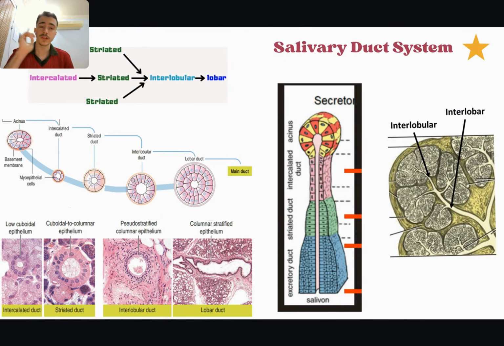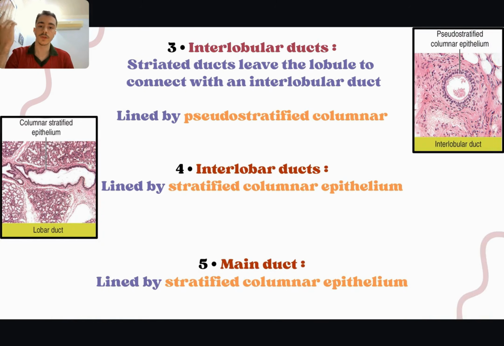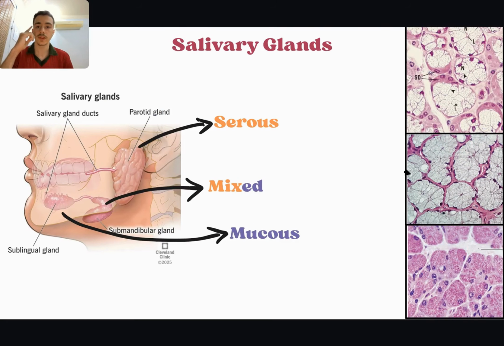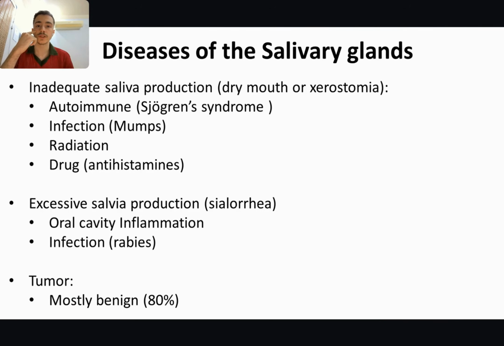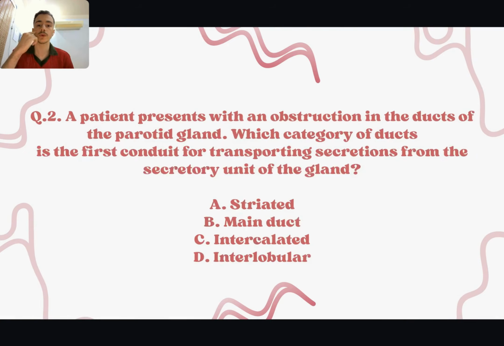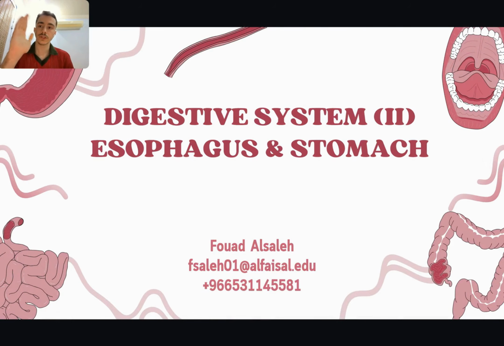We also talked about the salivary duct system in the previous video: intercalated, striated, interlobular duct, and the main duct. And we talked about the tumors and diseases of the tongue, and we solved the questions, and everything was clear, alhamdulillah.